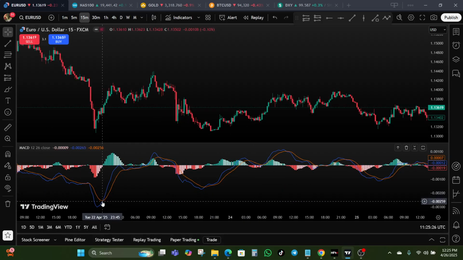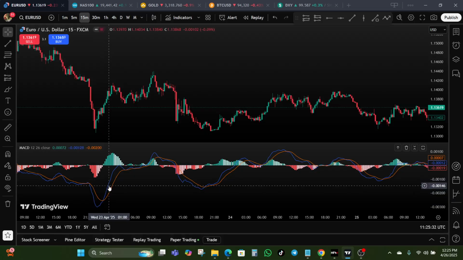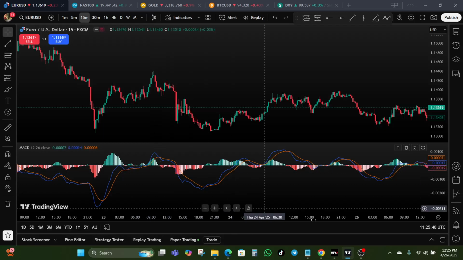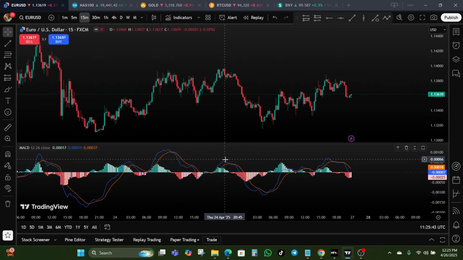Okay, when you notice that the MACD line crosses above the signal line, it's a buy signal, it's a bullish signal. Coupled with that, having your green histogram bars above the zero level shows bullish momentum. Likewise, when the MACD line crosses below the signal line, it's a bearish signal, it's a sell signal.